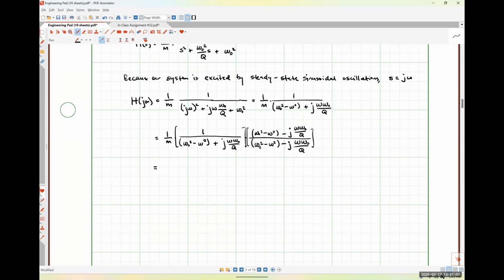It's also going to allow me to split this up into a constituent real part and a constituent imaginary part.